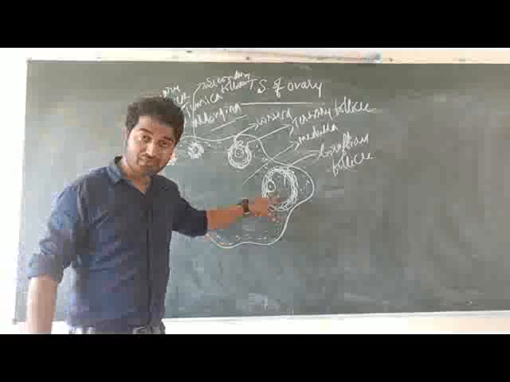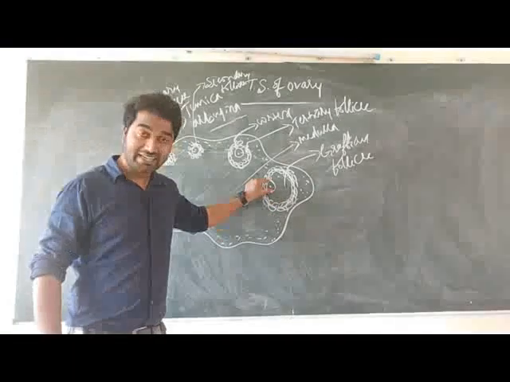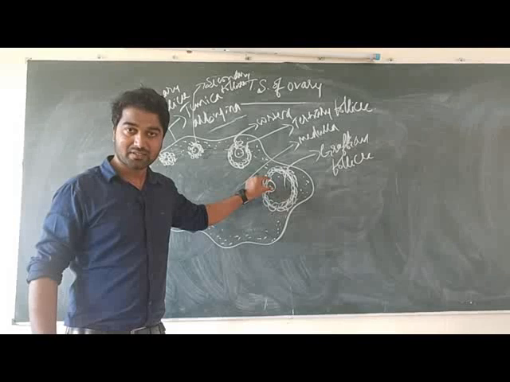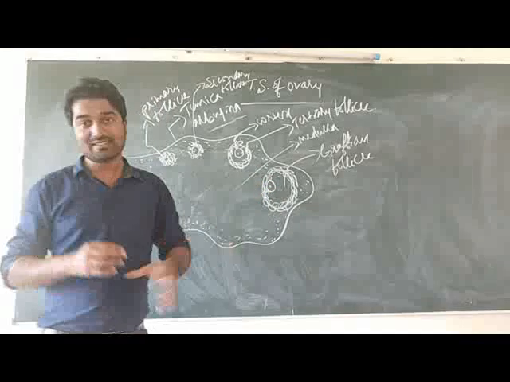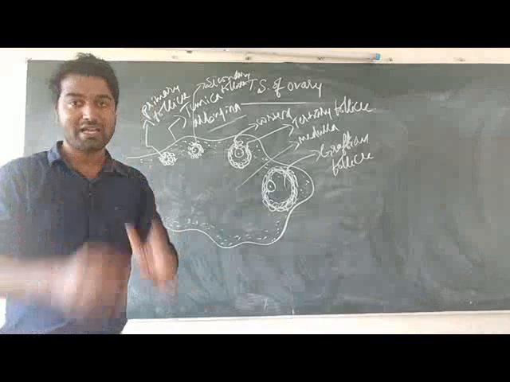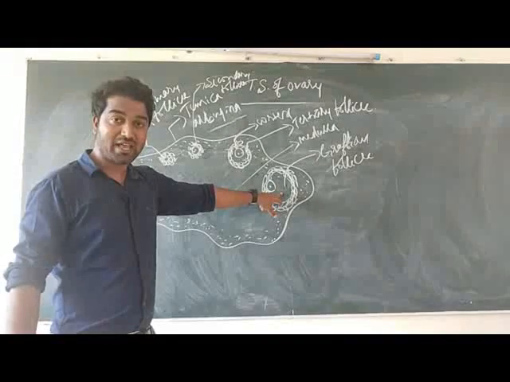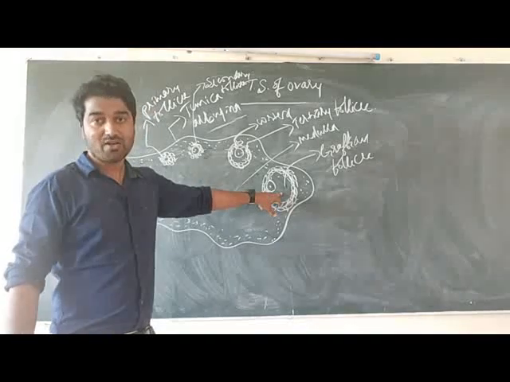But in case of matured Graafian follicle, they have secondary oocyte cell. And then that secondary oocyte is going to mature into ova or female gamete. And this follicular cell is known as matured Graafian follicle.